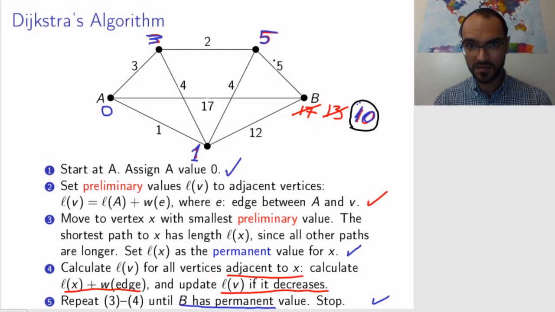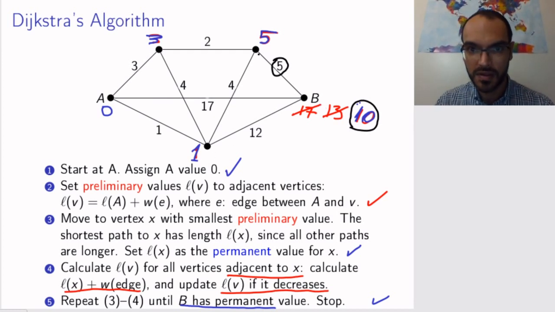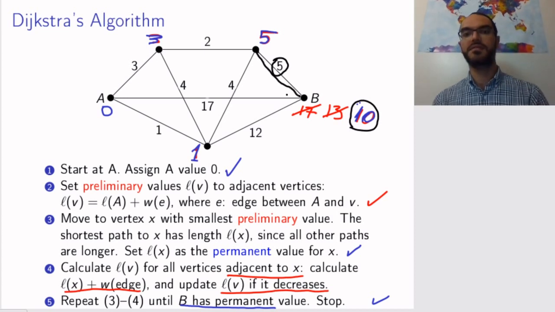The weight of this edge is exactly the difference between the previous path and B. This is one way to keep this economical. I'm not taking more steps than I need to. Both 0 plus 17 and 1 plus 12 are greater than 10. So this is the last step of the path.